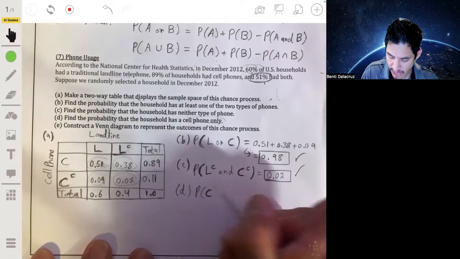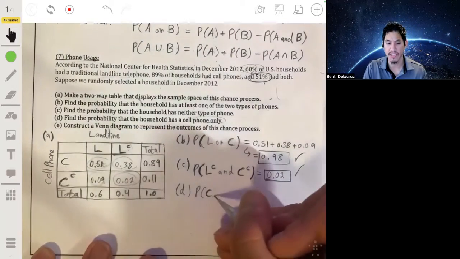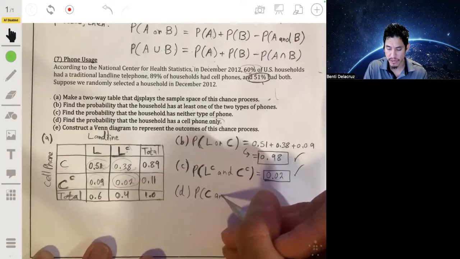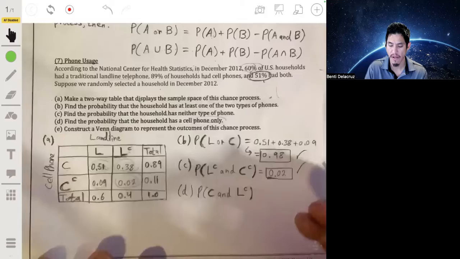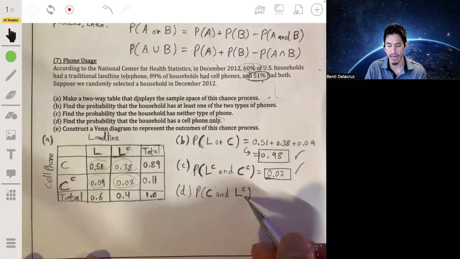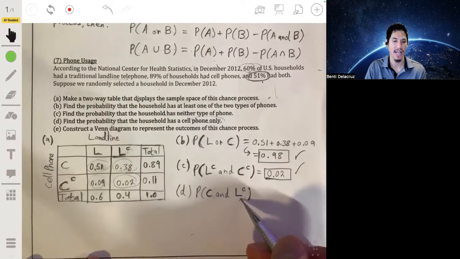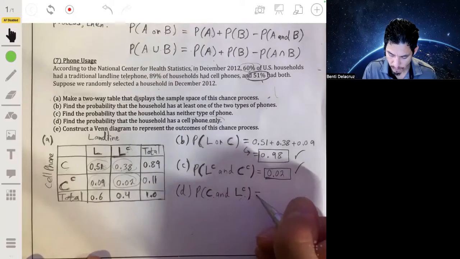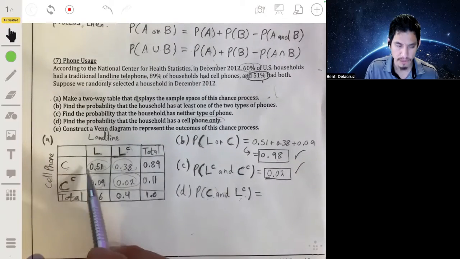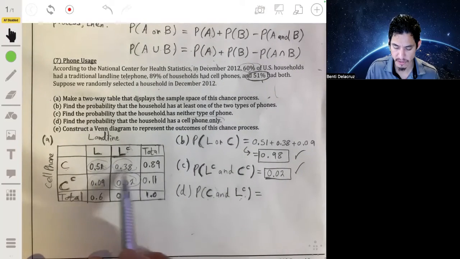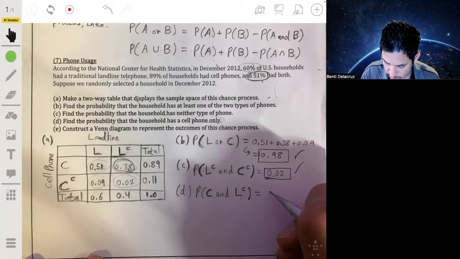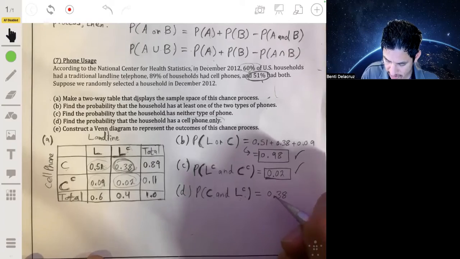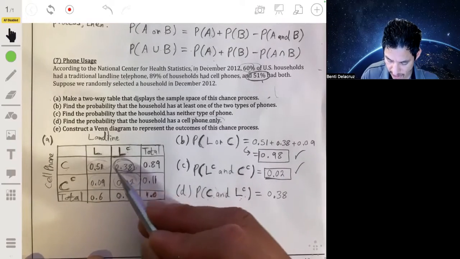So that means they have a cell phone and they don't have a landline. So we could say the probability of C and L complement. So the probability of having a cell phone and not having a landline. So cell phone, we're talking about these values, but it also has to be L complement. So we're talking about just this value. That would just be 0.38, because that is a cell phone and not a landline.